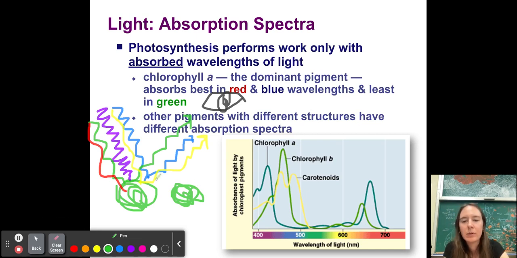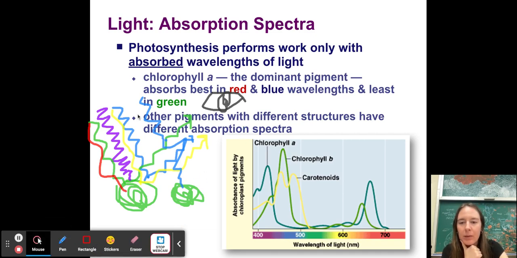So that's why you don't really see blue when you look at plants: when the blue wavelengths hit this different chlorophyll molecule, they're absorbed, so it's not reflecting as much.